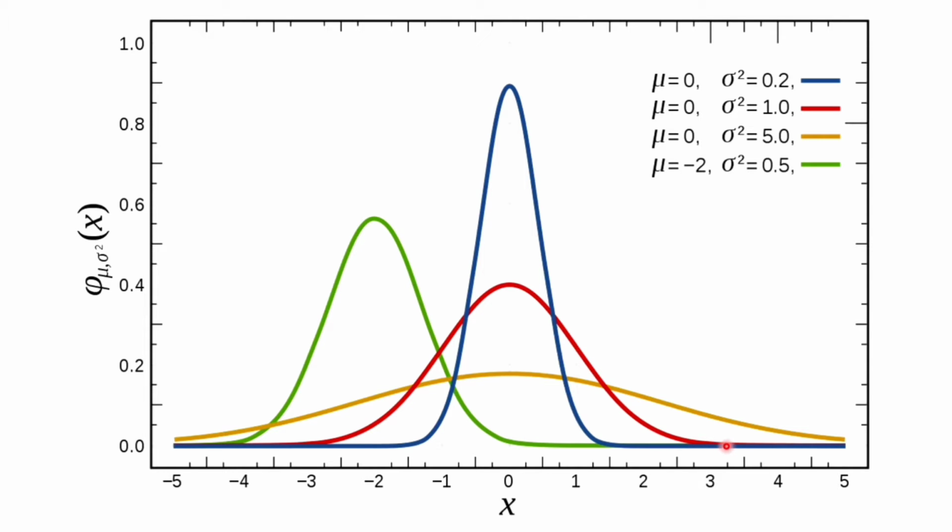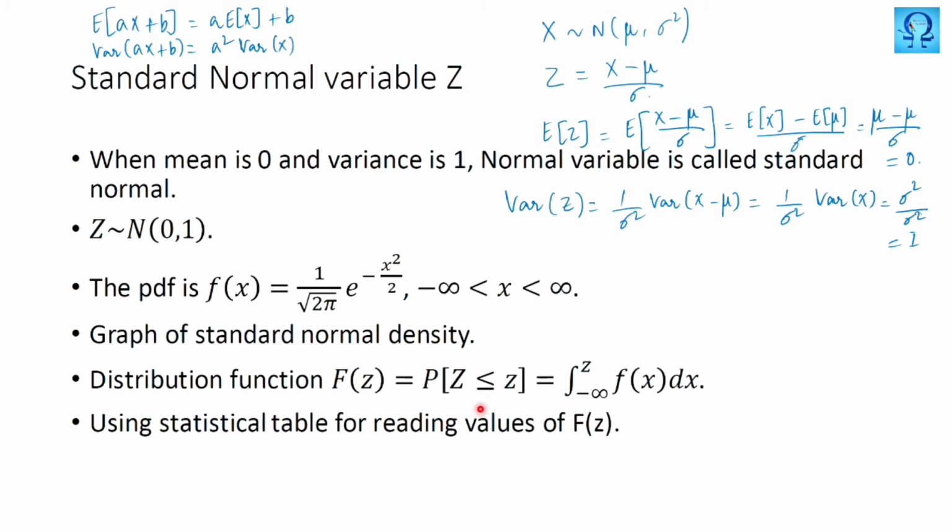This red one is the graph for the standard normal variate. Moving further, this distribution function is generally the probability of z smaller than or equal to z, that is, from minus infinity to z, and this is given in the statistical table.